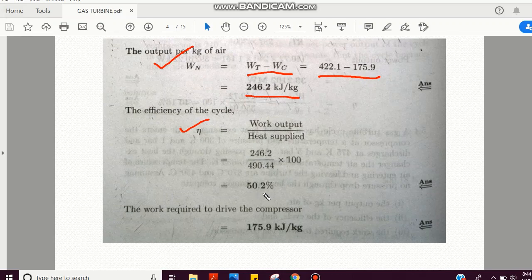And the work required to drive the compressor is the compressor work, this one, which is 175.9 kilojoule per kg.